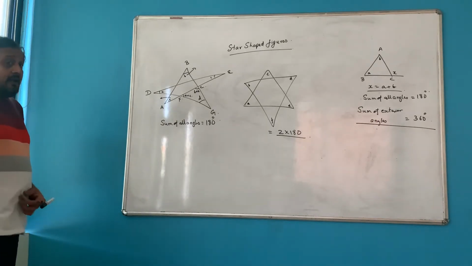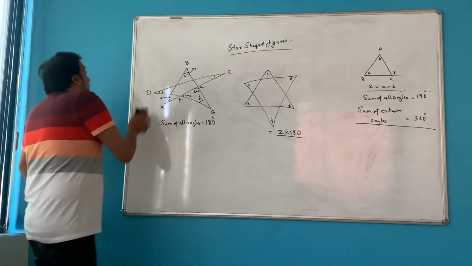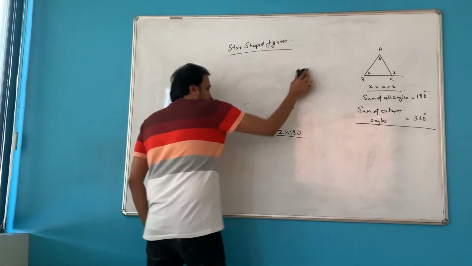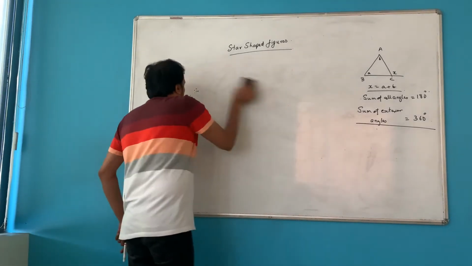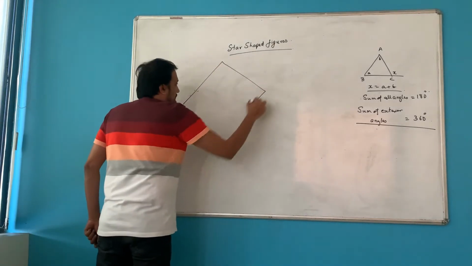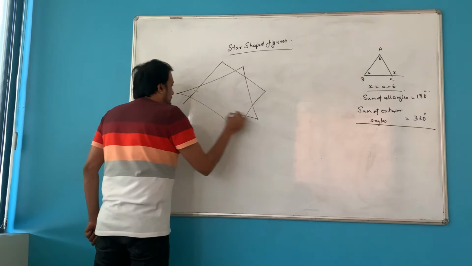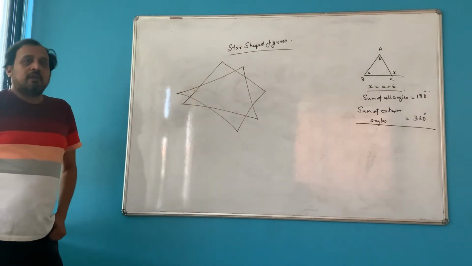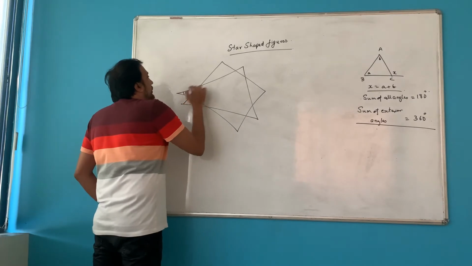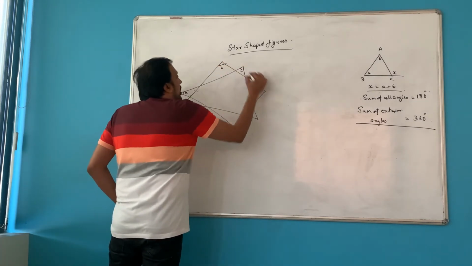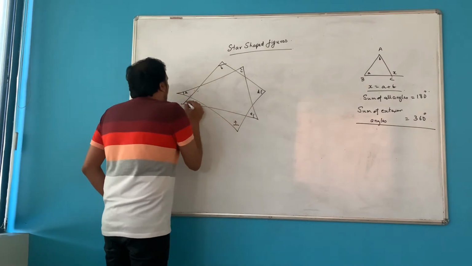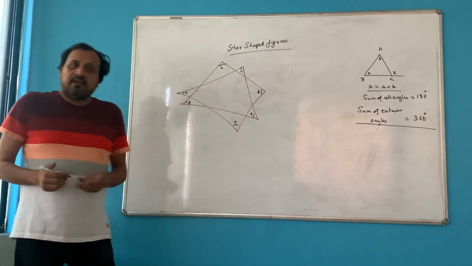The next one that we have will be a little bit tricky. It's in fact tricky to draw also. So let's look at that one. This will be a 7-sided figure, and I want to find out the sum of all the 7 angles that we have here.